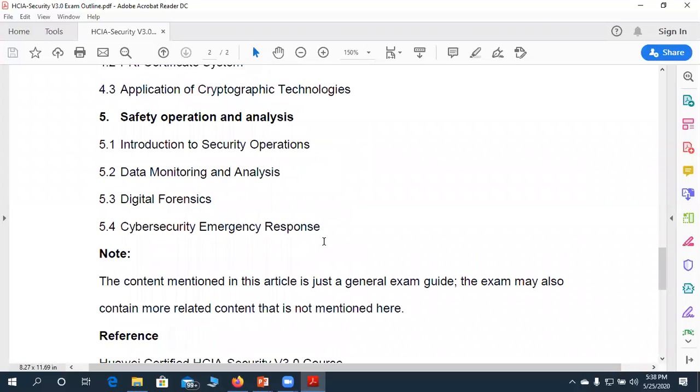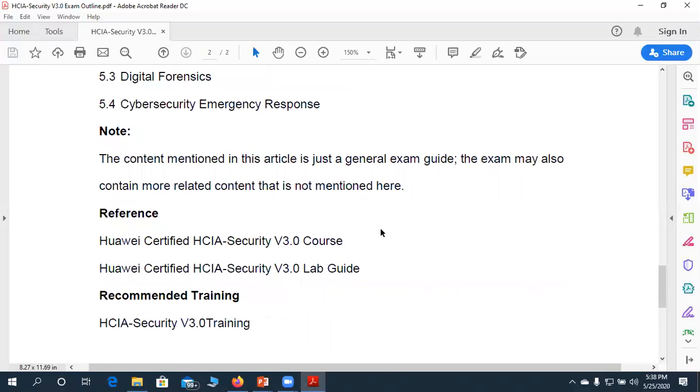The last module will look at the introduction to security operations, data monitoring and analysis, digital forensics, a very, very important topic, and it is a course on its own. And then also we'll look at cybersecurity emergency response.